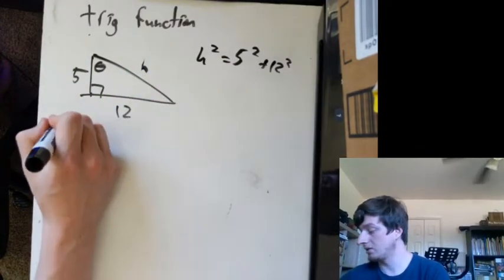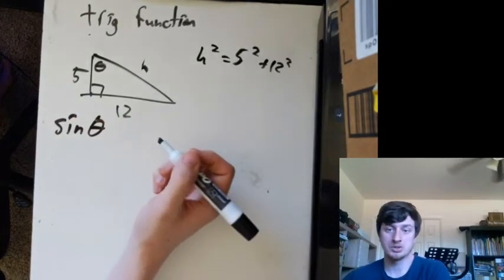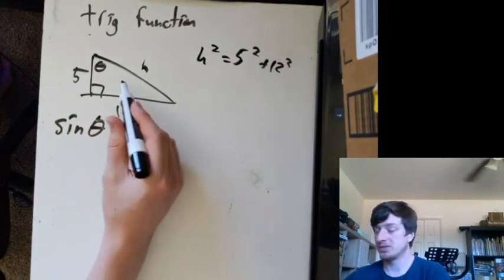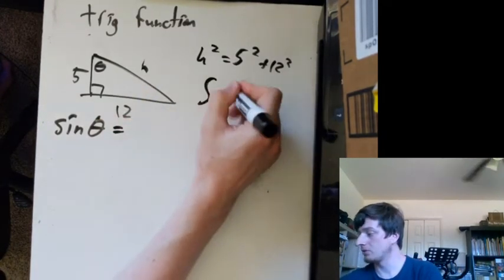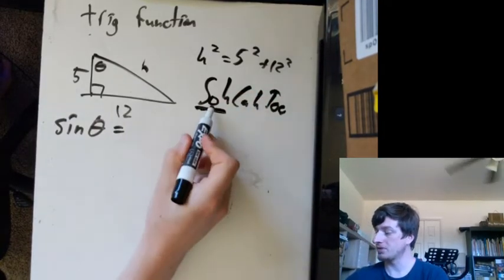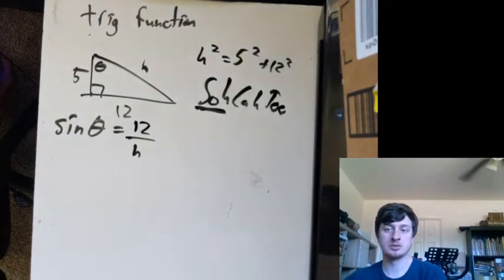So sine of our angle, which we don't know what it is, equals opposite over hypotenuse. So it'd be 12 over whatever the hypotenuse is.